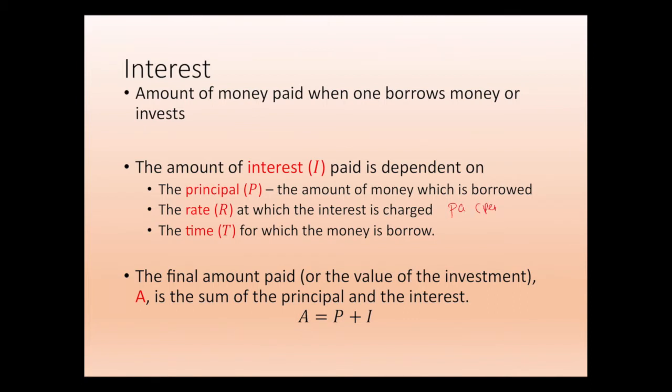We usually write down percentage per annum, and this means per year, the time or the duration for which the money is borrowed. The final amount paid or the value of the investment, A, is the sum of the principal and the interest. This is important because we will tend to use this.